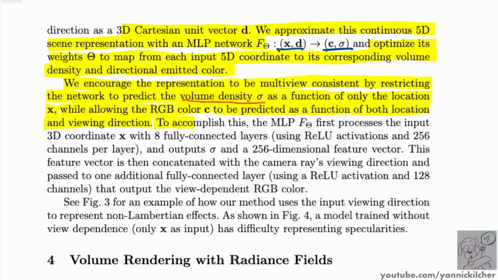So as a simplifying concept, we're going to say the transparency of the object is always the same, which is where stuff is independent of where you look from. It's only how stuff looks that is dependent. So the RGB color is going to be a function of both location and viewing direction.